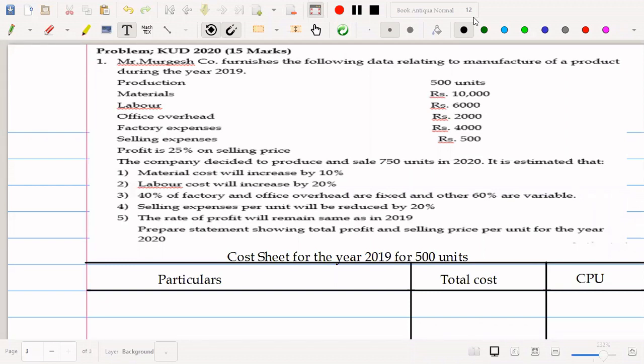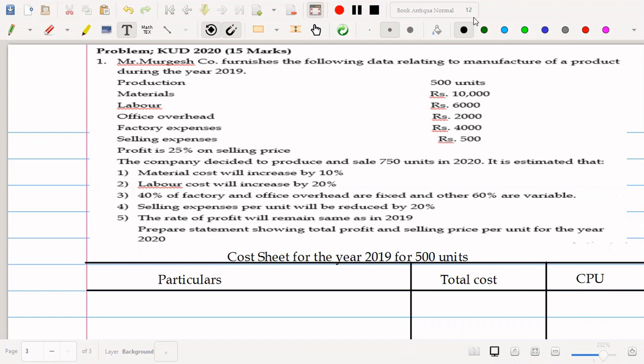Okay, students, let's solve one more problem on estimated cost sheet. This was taken from Karnataka University 2020 question paper, which was asked for 15 marks. First, let's read out the problem. Mr. Murugesh company furnishes the following data relating to manufacture of a product during the year 2019.